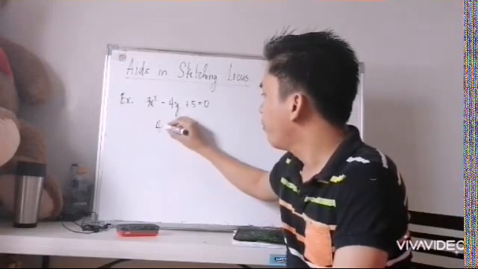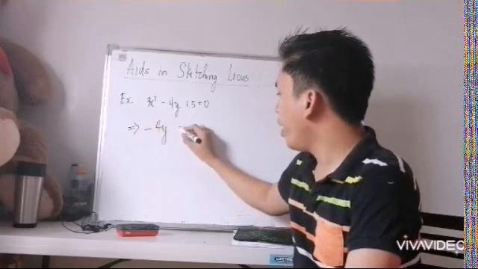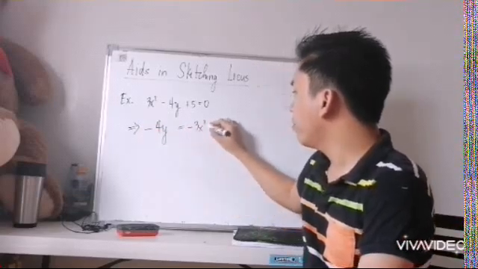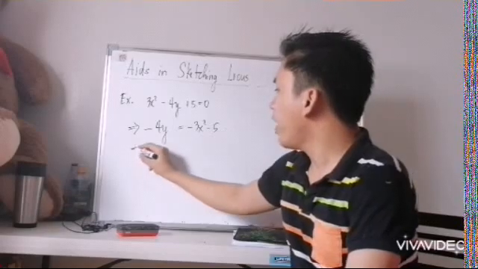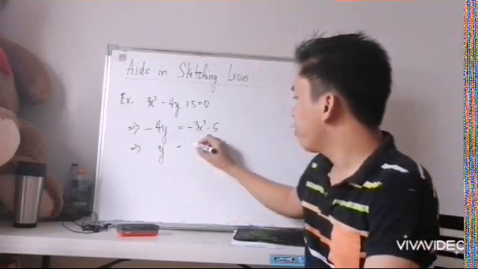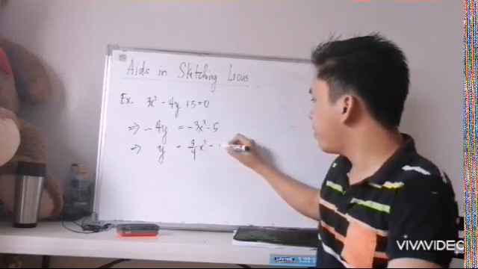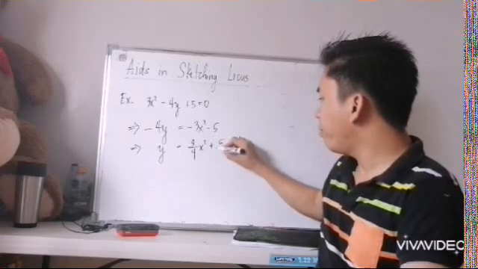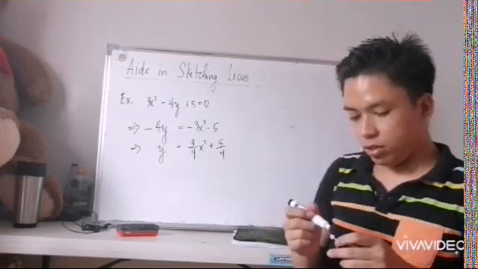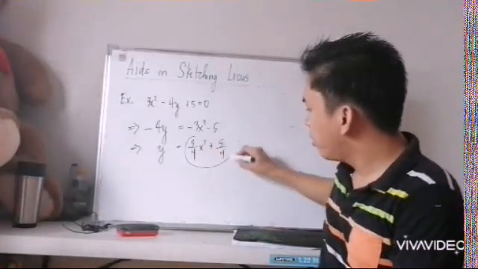We have negative 4y equals negative 3x squared minus 5, or we have y equals 3/4 x squared minus 5/4.